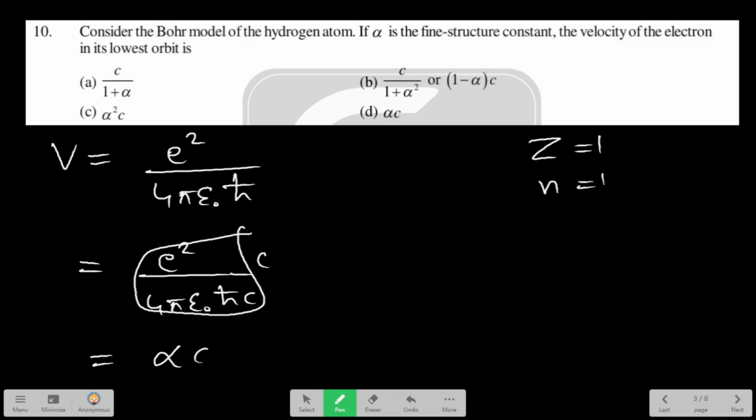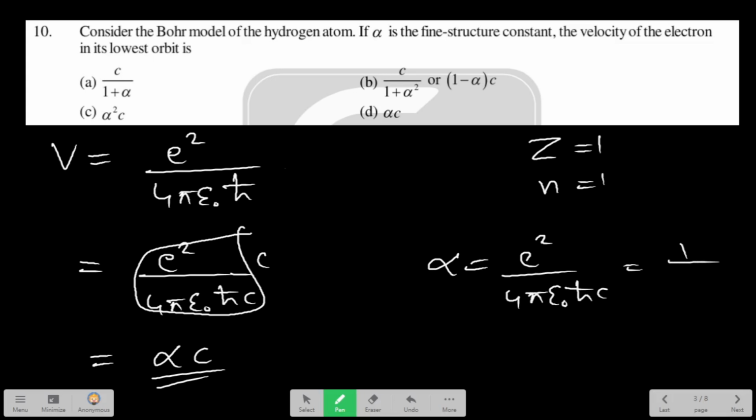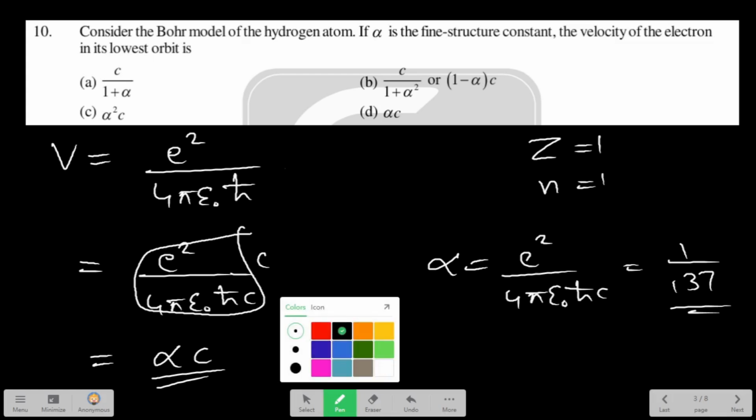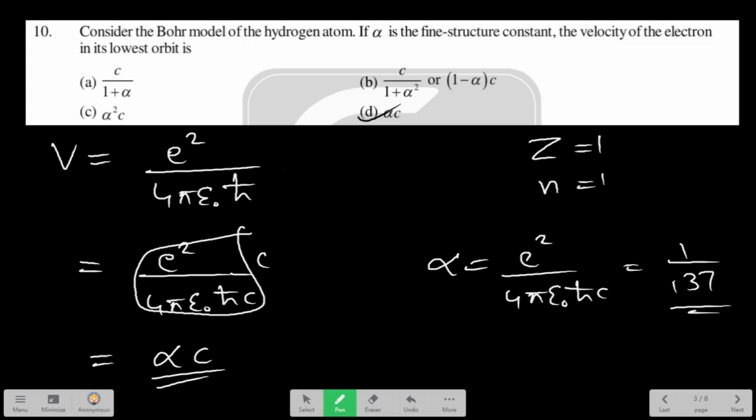So we can write v is equal to alpha c, and fine structure constant, its value is approximately 1 by 137, and this is a dimensionless constant. There are no units for fine structure constant. So the correct option here is option D. Velocity of electron in its lowest orbit is alpha c.